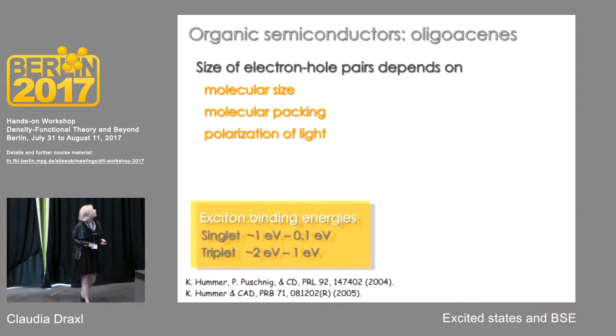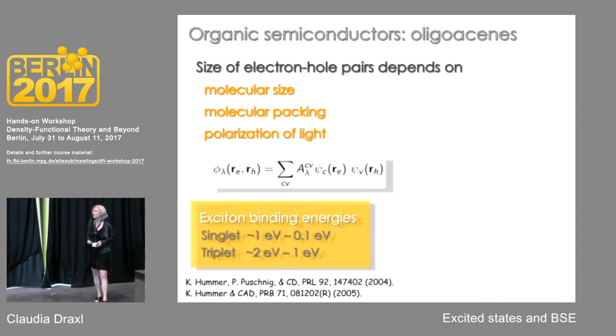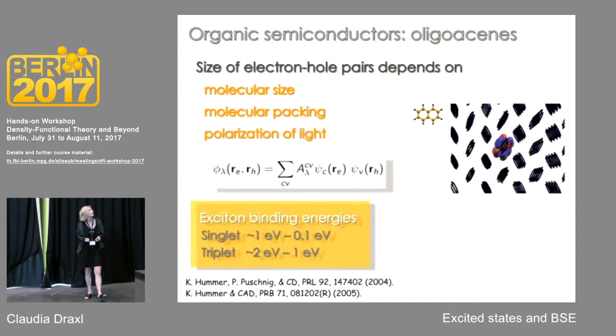And in order to do so, we have a look at the electron hole wave function. So as said, this is a complex object, 6 dimensions, so we cannot plot it in the 3 dimensions we have. So we have to play a trick, and the trick is this, that we just fix the position of one of them, so we fix the position of the hole, and then we look at the distribution of the other. And this is shown here for the short molecule, for naphthalene.